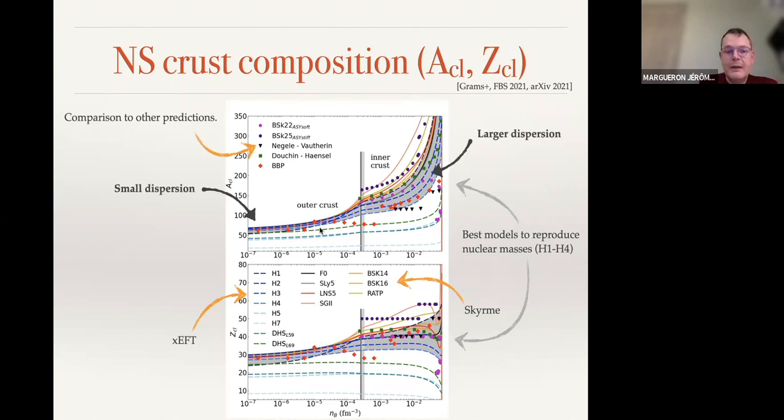What we see is that in the outer crust there is a pretty small dispersion because of the control originating from the nuclear masses, and in the inner crust there is a larger dispersion, which reveals the remaining uncertainty originating from the neutron matter contribution.